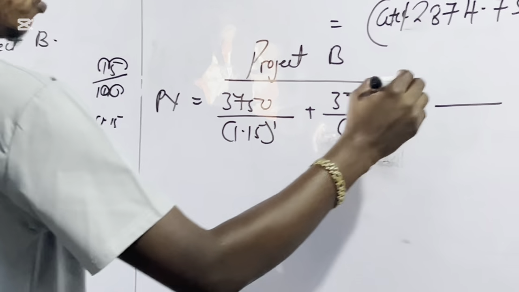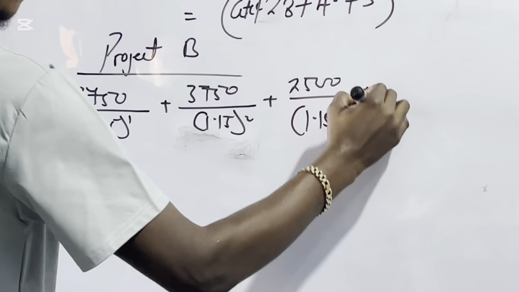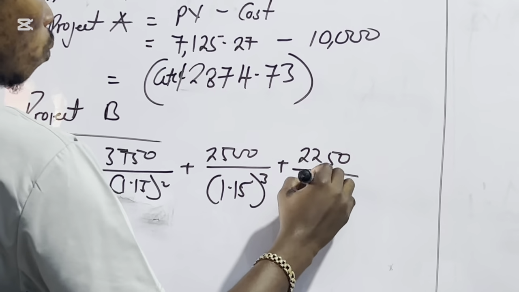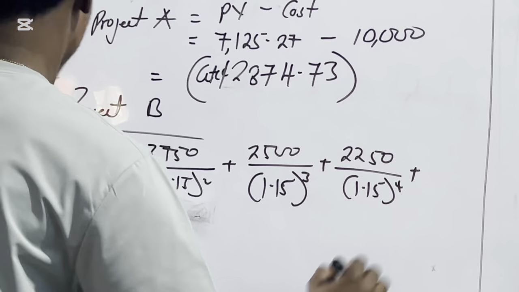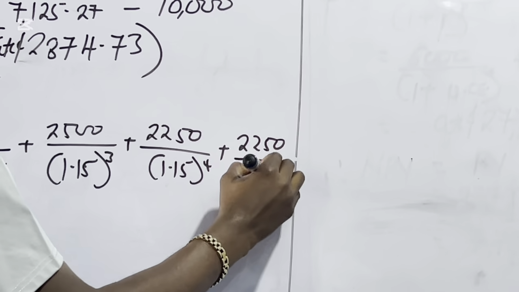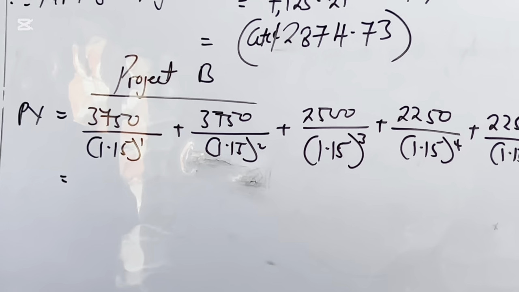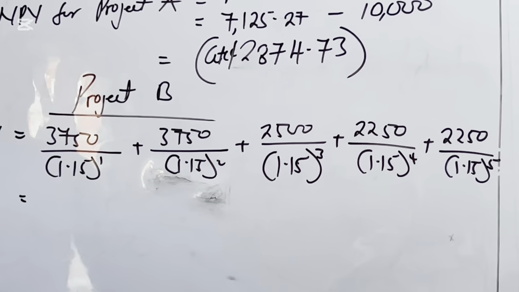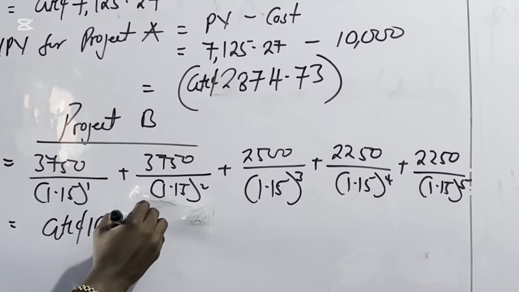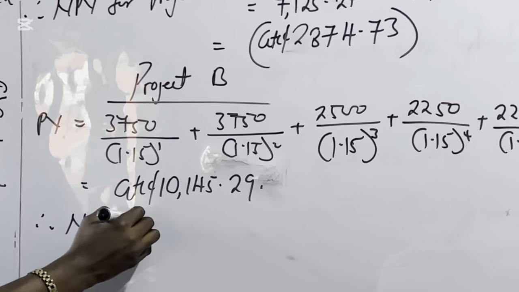Then 2,500 over 1.15 cubed, 2250 over 1.15 to the power 4, then 2250 over 1.15 raised to the power 5. So let's compute all of this in our calculator. We have 10,145.29.